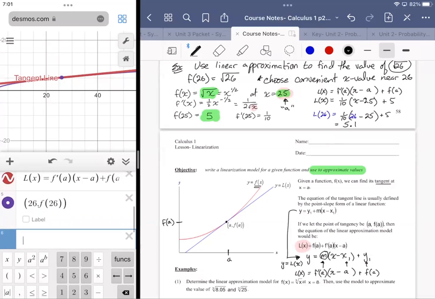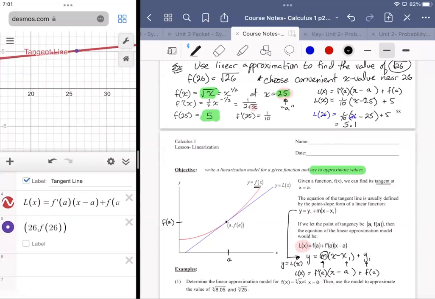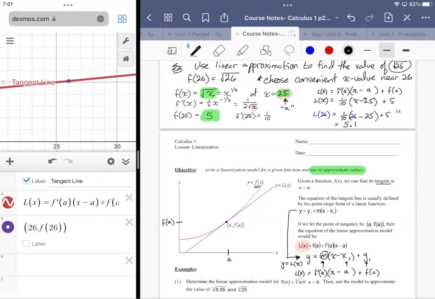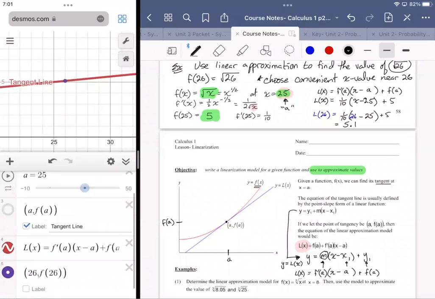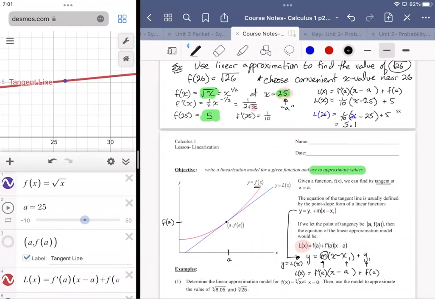The tangent is at 25, and 26 is just a smidge to the right of that. I'll turn off my tangent line equation, and then turn it back on. You can see that there is not much of a difference. In fact, they're indistinguishable at this location.